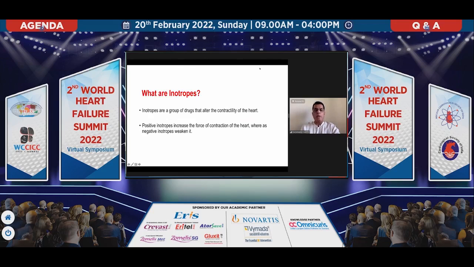Basically, what we mean by inotropes are a group of drugs that alter the contractility of the heart. Positive inotropes increase the force of contraction, whereas negative inotropes weaken the heart.